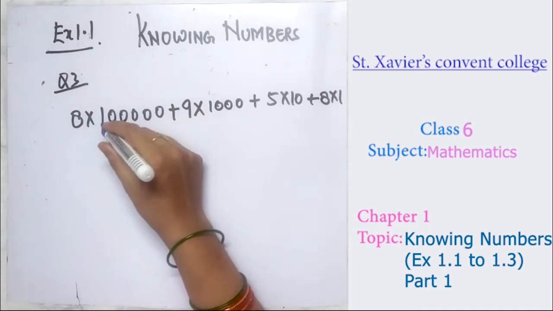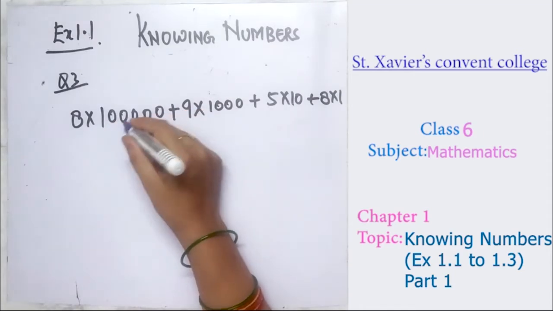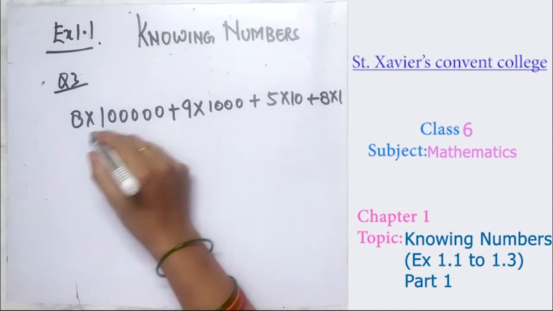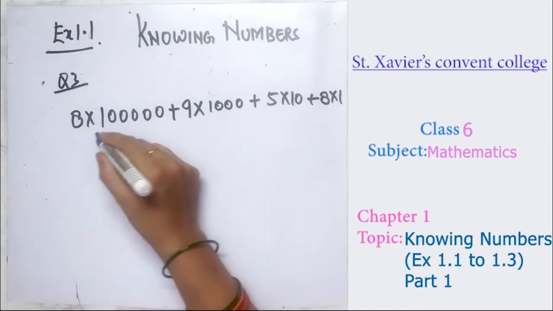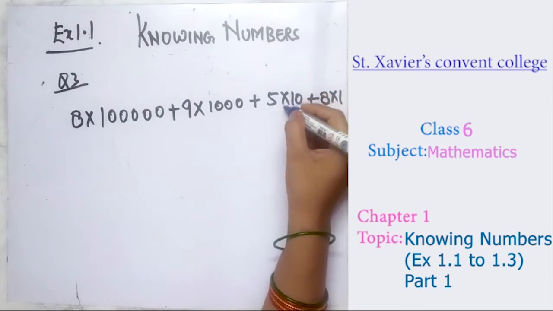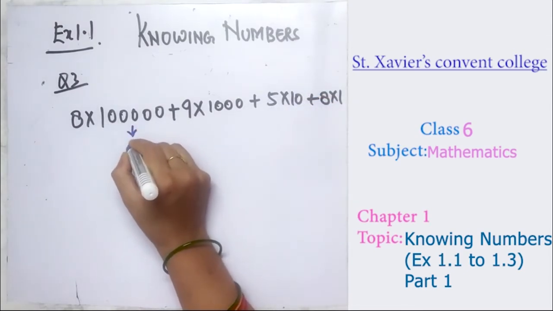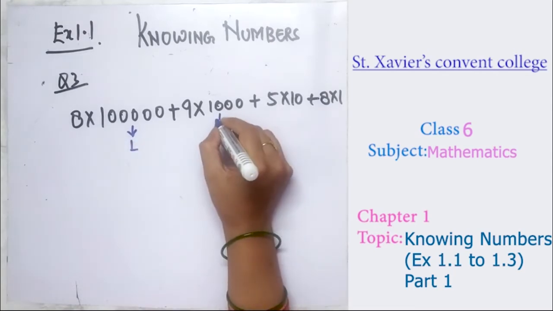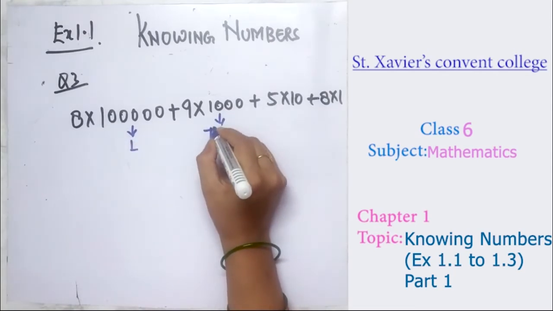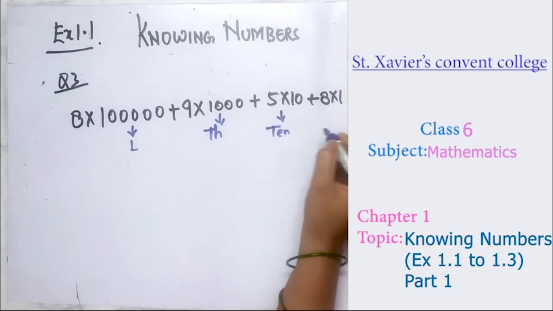As you can see, 1, 2, 3, 4, 5 are ones, tens, 100, 1000, 10,000 and lakh. So it is the position of lakh because it has 5 zeros. This is the position of 1000, this is the position of tens, and this is the position of ones.